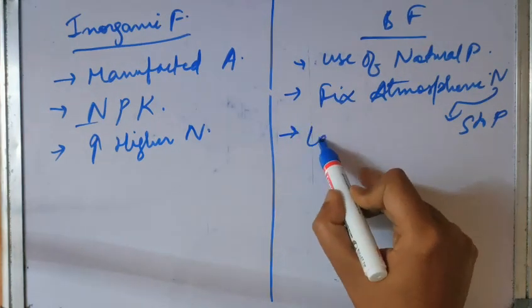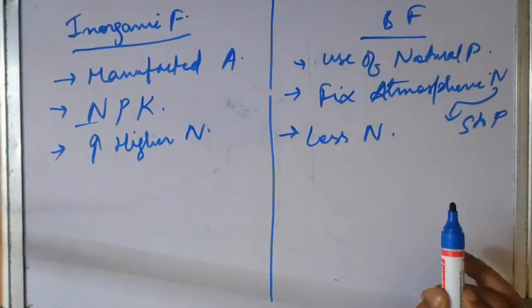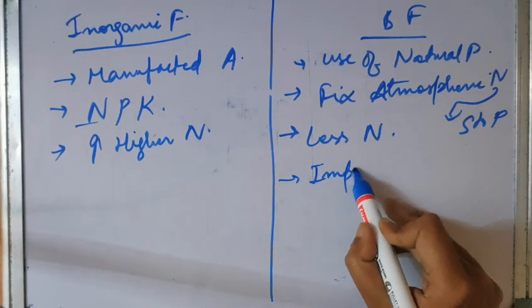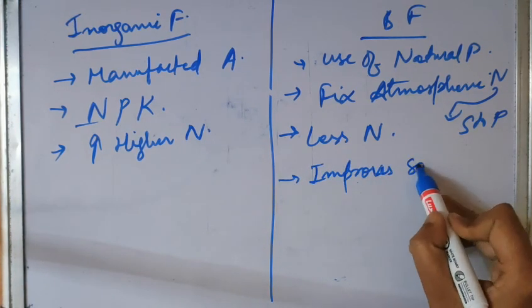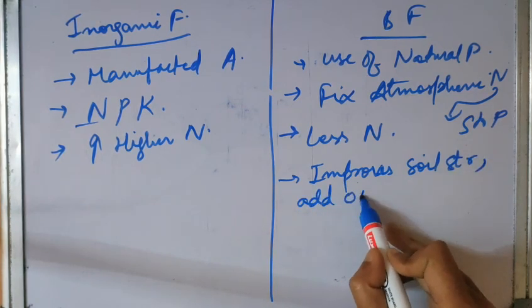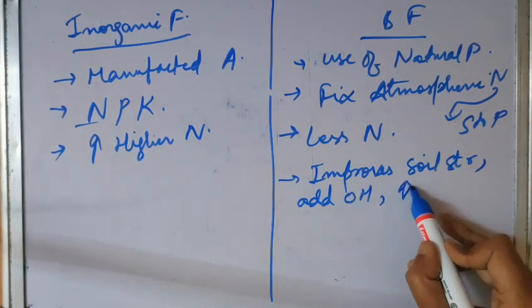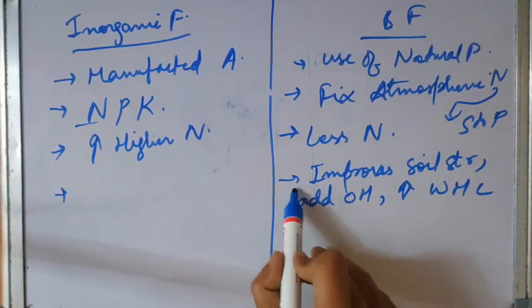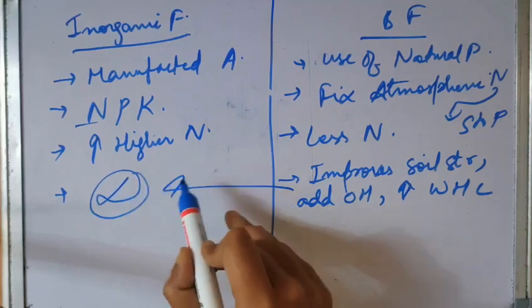Biofertilizers contain less nutrient as compared to inorganic or chemical fertilizers. They improve soil structure, add organic manure, increase water holding capacity, while inorganic fertilizer doesn't do all this.